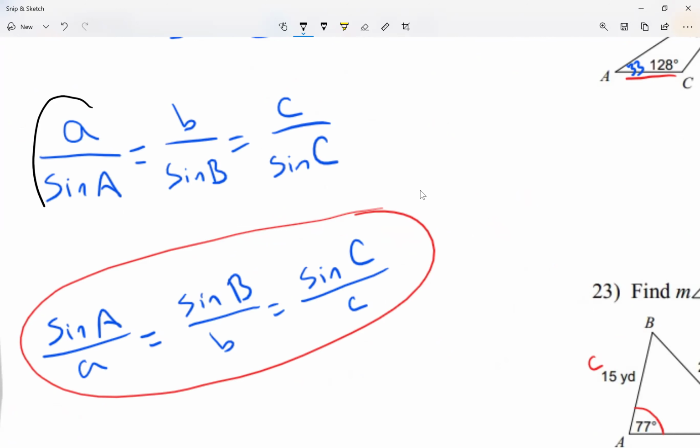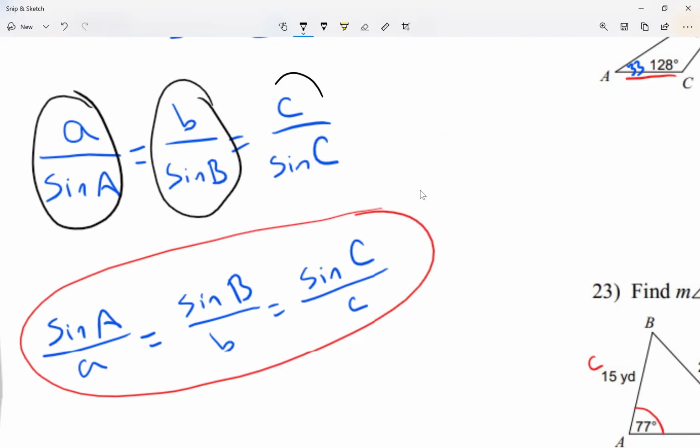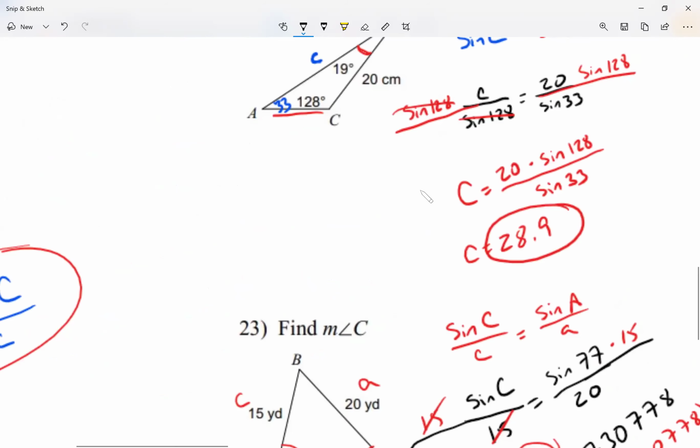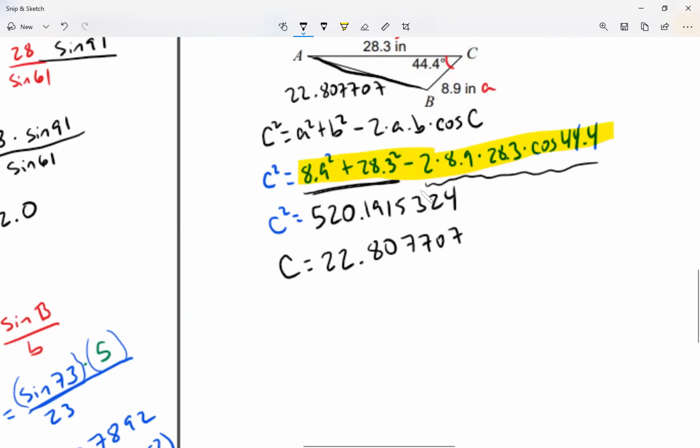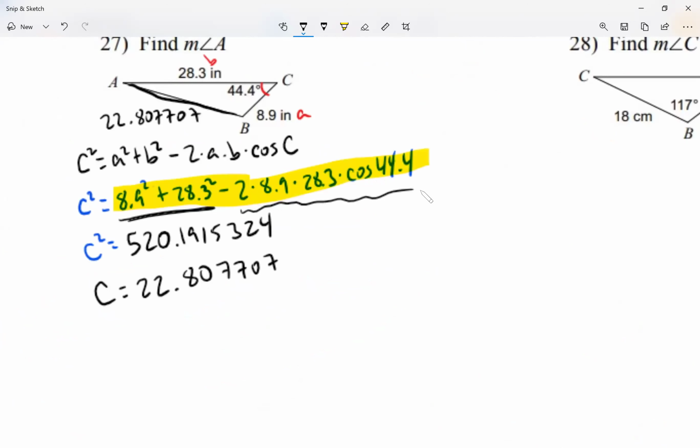I need to know either side A and angle A, or side B and angle B, or side C and angle C. Every time I have one angle and the opposite side, I'm going to use the law of sines. Here, I have angle C and side C. So guess what? I'm going to use the law of sines.